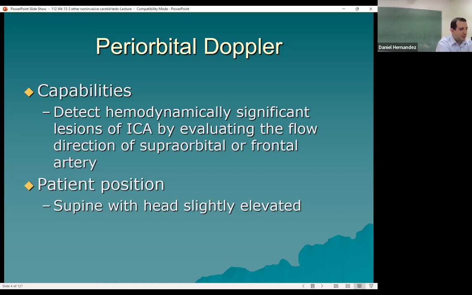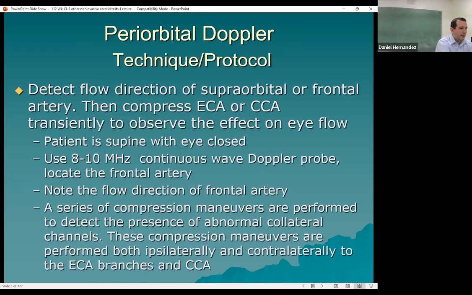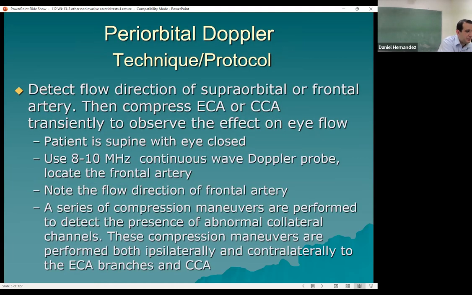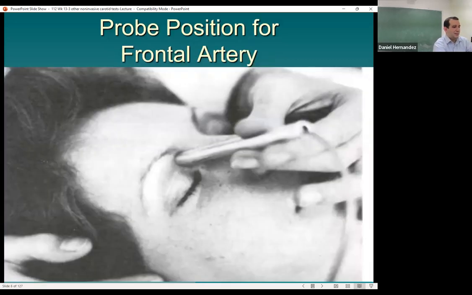The patient is lying supine with the head slightly elevated. We're going to be using a non-imaging continuous wave Doppler. We position the patient supine with their eye closed, so don't try imaging with the patient's eye open. Here's a probe position for the frontal artery.